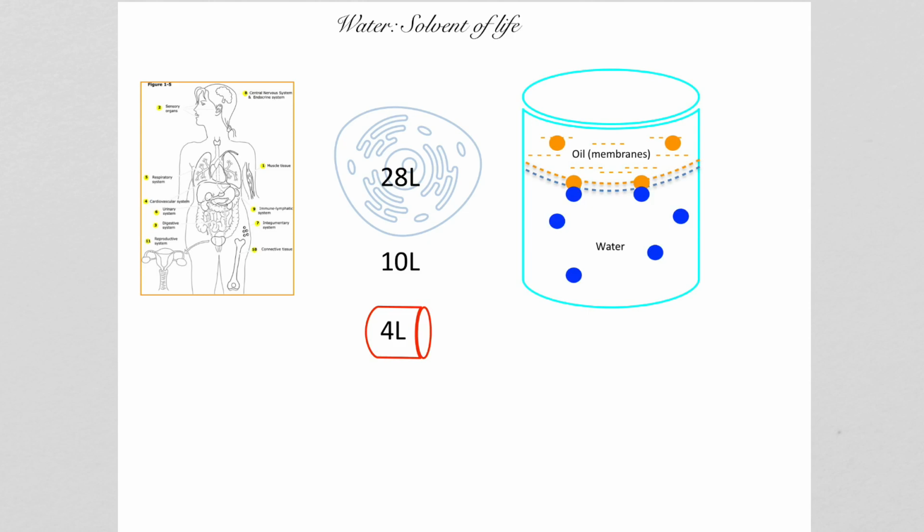The dipole nature of water also allows water to provide a very important property, and that is to maintain the structure of cells as well as the three-dimensional structures of organs.